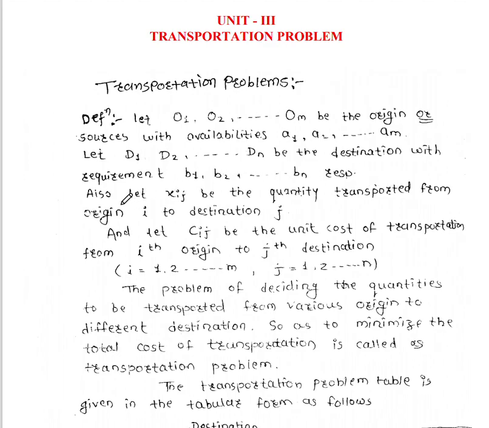Then also let Xij be the quantity transported from origin i to destination j. So these are the notations. Xij is denoted as the quantity transported from origin i to destination j, and let Cij be the unit cost of transportation from the ith origin to the jth destination.